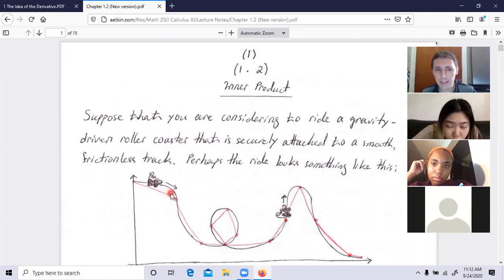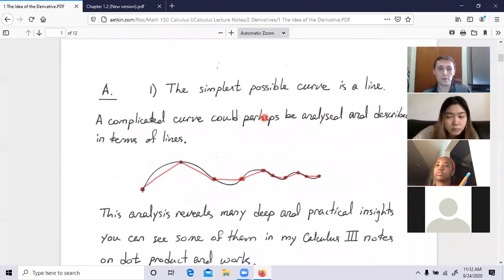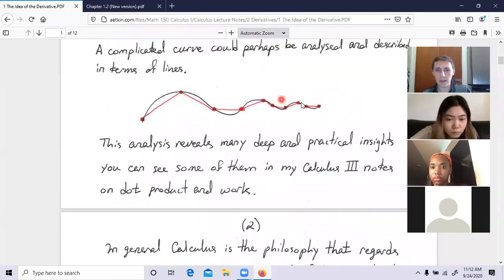Okay, and then analyzing the motion on a line will in fact reveal what would happen on another curve. So we spoke about those roller coasters. So that's the situation. I can imagine building, it's like Lego blocks. That's what you do, right? You build a curve out of tiny line segments. I just made them exaggeratedly large.